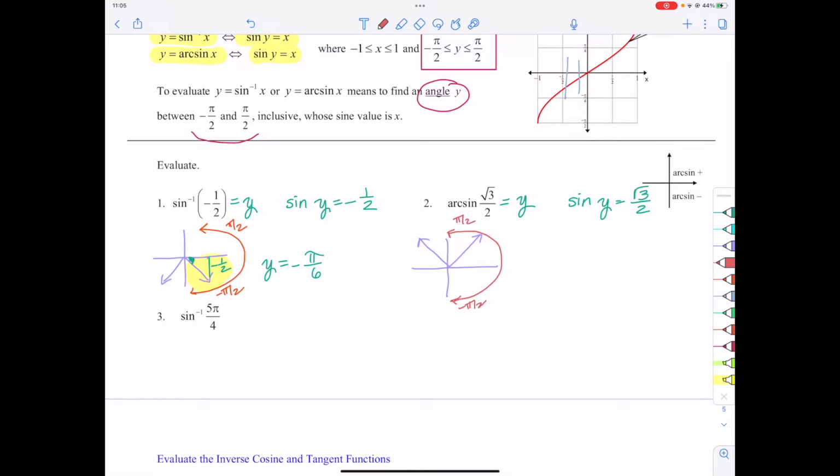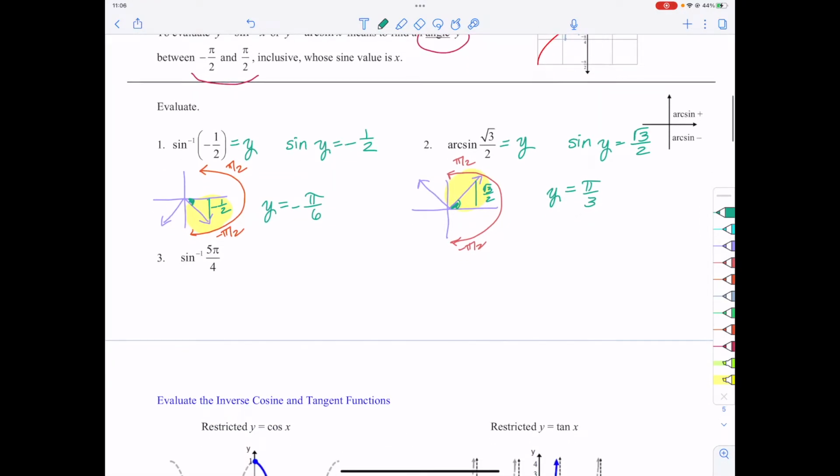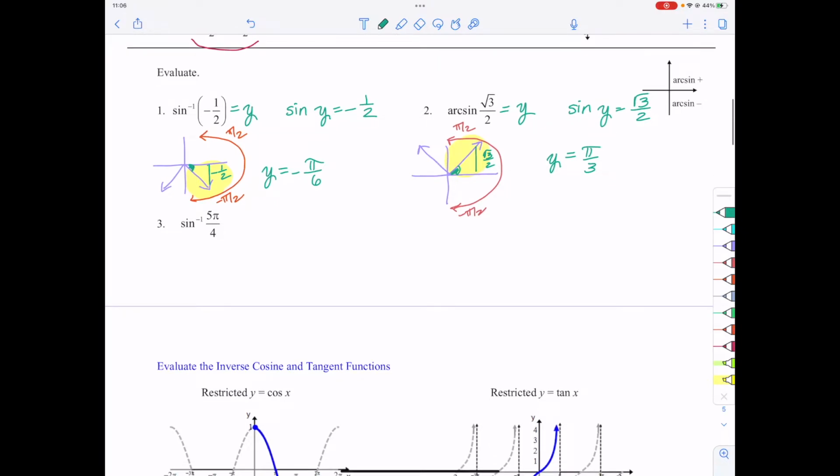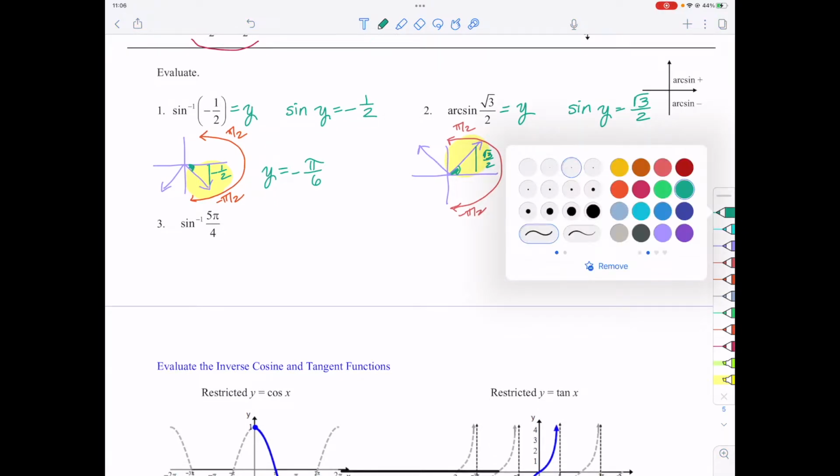Those are the only angles we can give for this one and only angle that we need to find. And of course, we will be in quadrant 1. And so y must be equal to pi over 3. Yes, because the sine of pi over 3 is root 3 over 2.